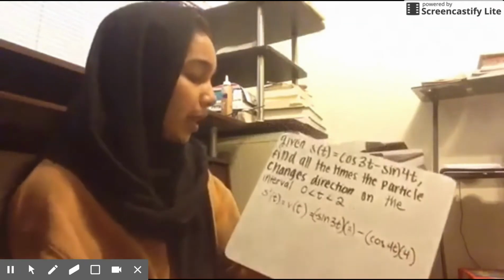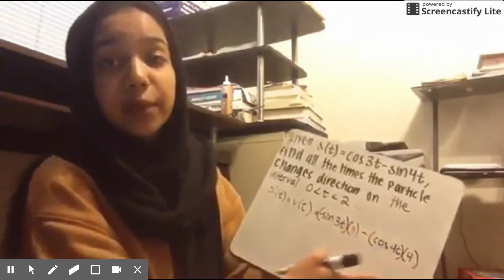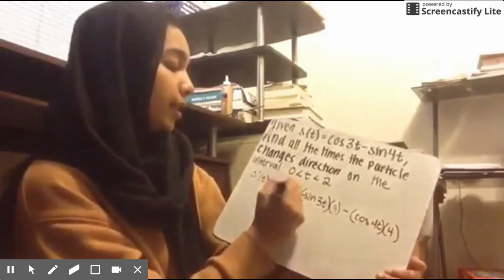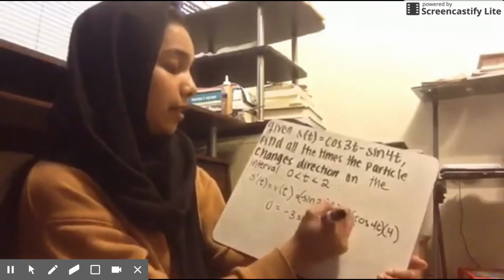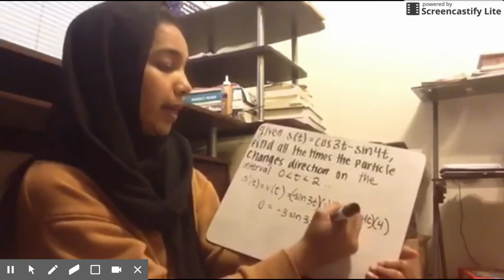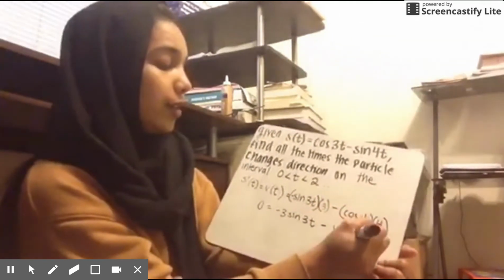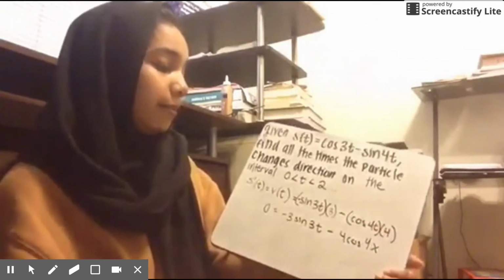You just put this equal to 0. So 0 equals negative 3 sine 3t minus 4 cosine 4t.